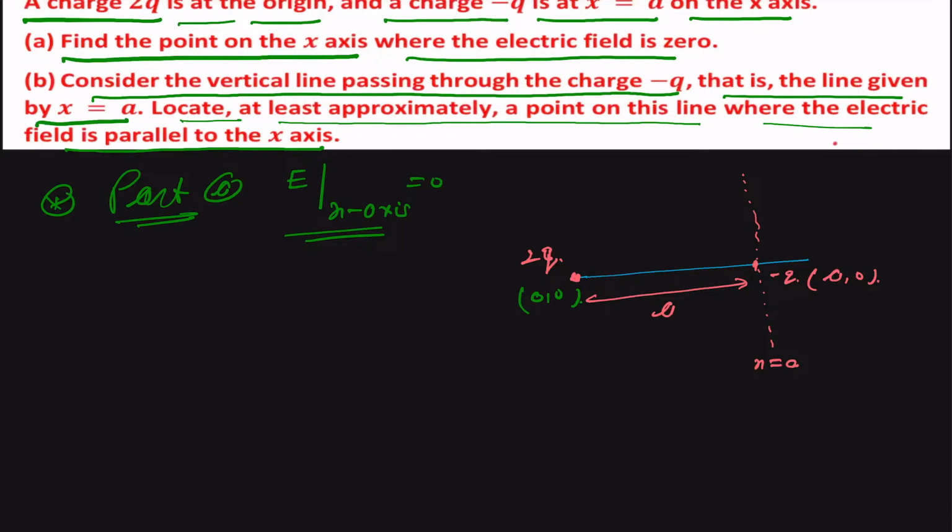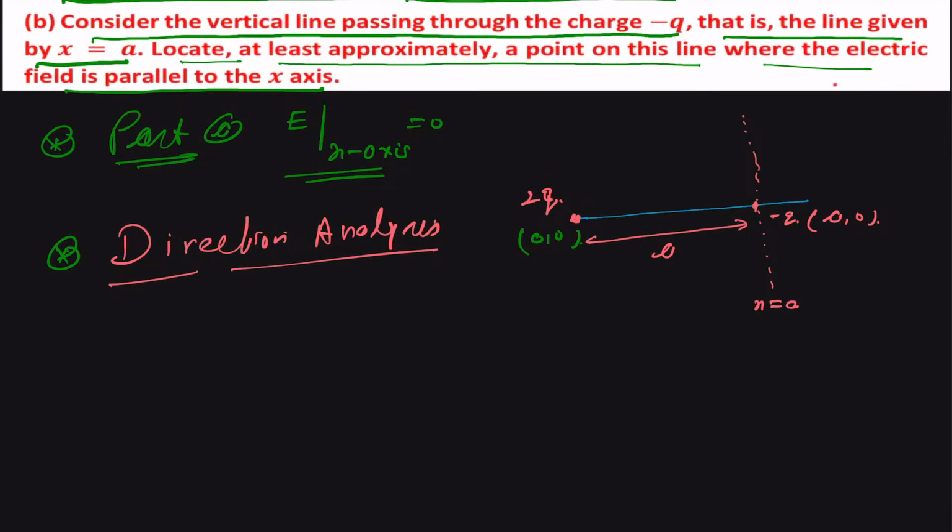Let us make a directional analysis with respect to the electric field. We can divide this entire zone into 3 parts. So we have our direction analysis, and we are going to divide it into regions.